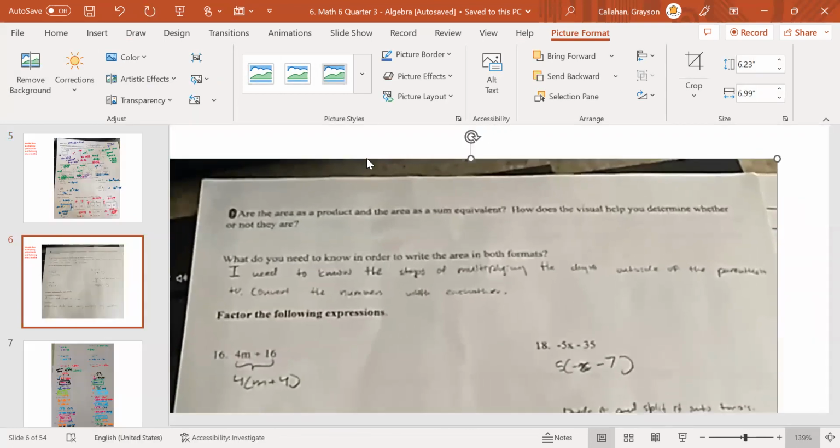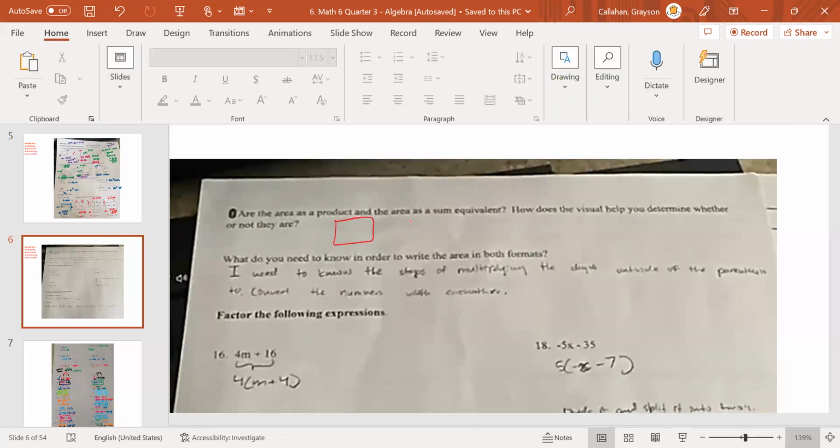It says, are the area as a product and the area as a sum equivalent? How does the visual help you determine whether or not they are? So the area as a product and area as a sum equivalent. So area as a product just means area equals length times width, right?